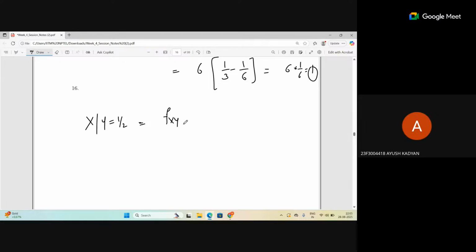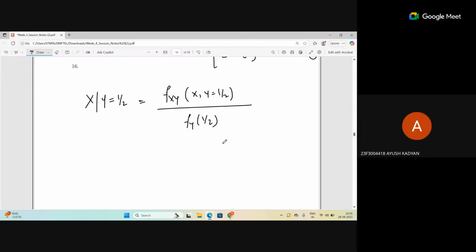So let's say f of x given y equal to half, and f of y at half. Correct.